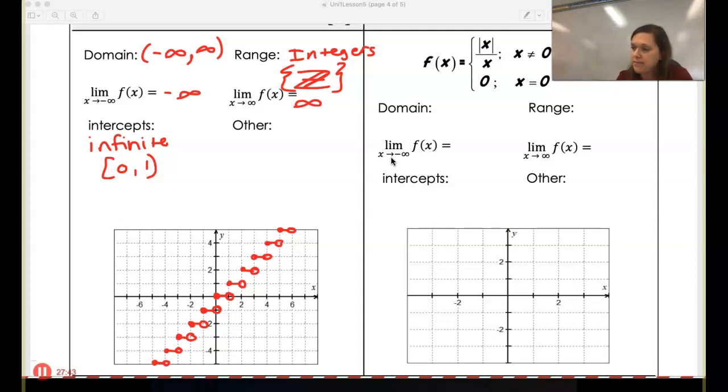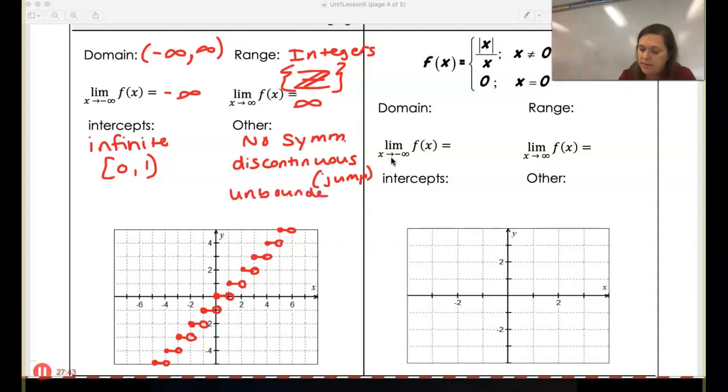Let's go over here to other. Do we have symmetry? I would say nope, no symmetry. Is it continuous? Definitely not. Discontinuous. But if I had to classify it, we would call that a jump discontinuity, right? Are we bounded? Nope. Unbounded. Increasing, decreasing?